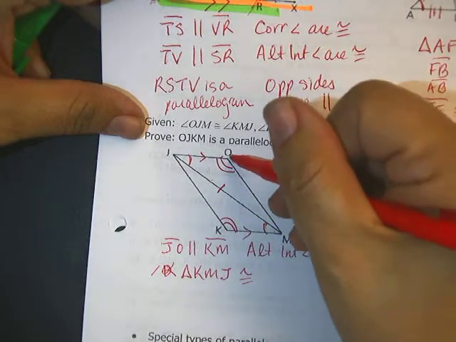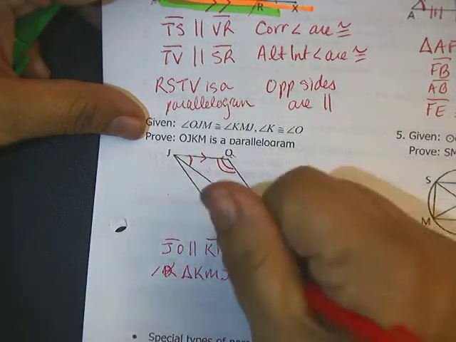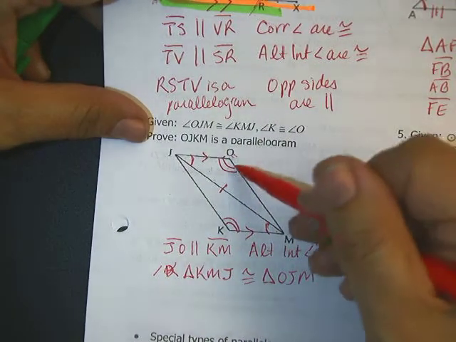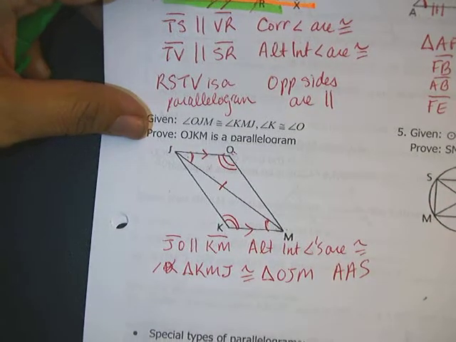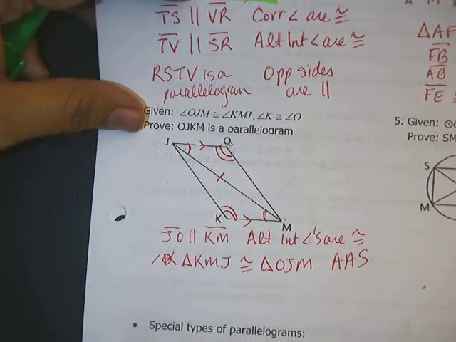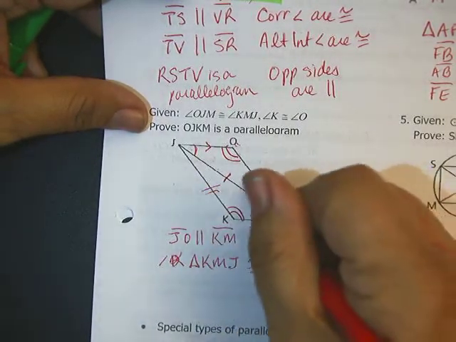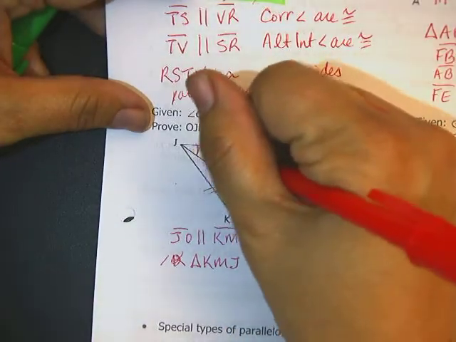So I can say triangle KMJ is congruent to triangle, I started on the double, OJM. Always start on the same angle, the corresponding angles. And the reason is angle, angle, side.